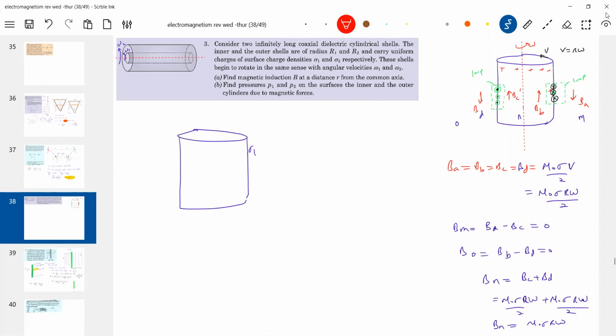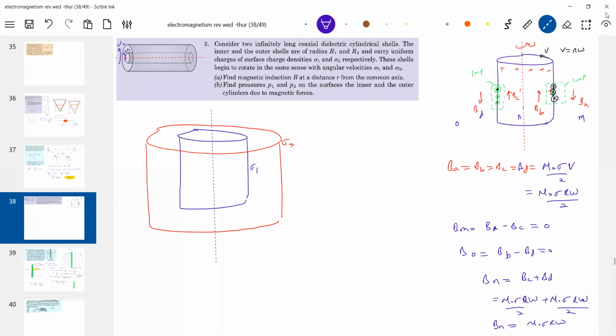Next we have another cylinder having different angular velocity, so angular velocity omega 1 and angular velocity omega 2. He is asking for the field at various points. So let's take the points 1, 2, and 3.